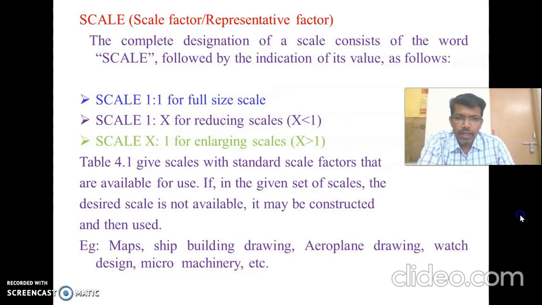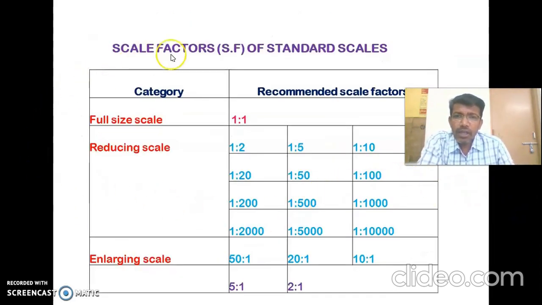Next, this is the sizing factor or scaling factor. The standard full size scale is 1:1. Reducing scales are 1:2, 1:5, or 1:10. These are the different ratios for the reducing scales. Suppose 1:1000 or 1:10,000 is there, you are going to use that for geographical maps.